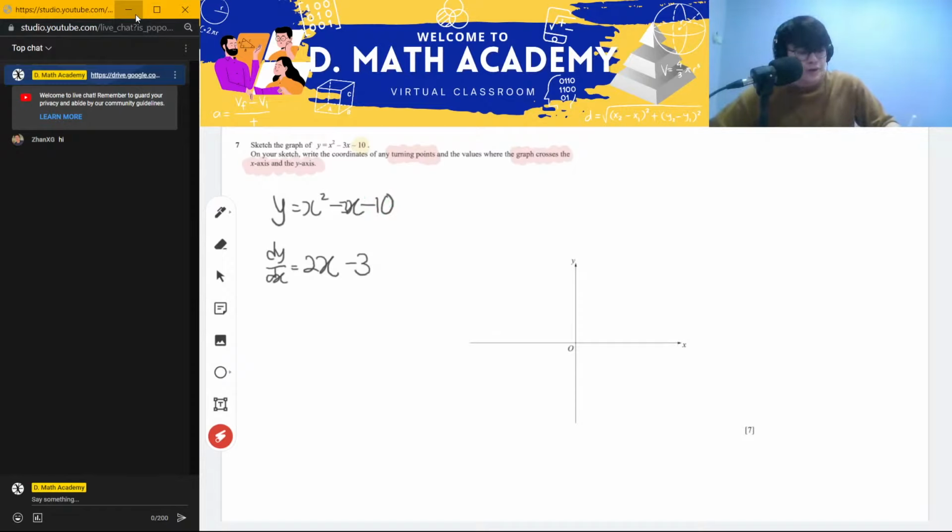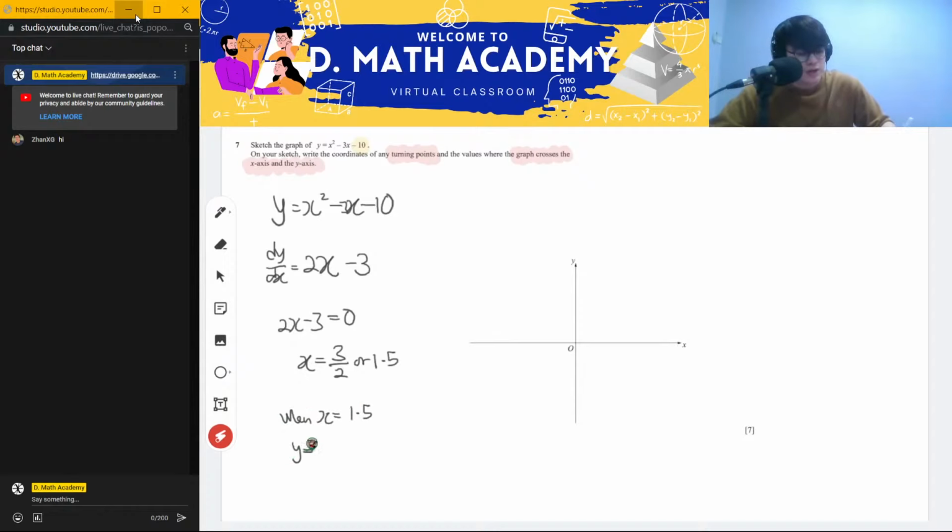So your turning point here will be 2x minus 3 equals to 0. So your x will be, when you run the calculation, 3 over 2, or 1.5 basically. Because they wanted the exact turning point requested by the question, you need to sub in x is 1.5 into your equation.